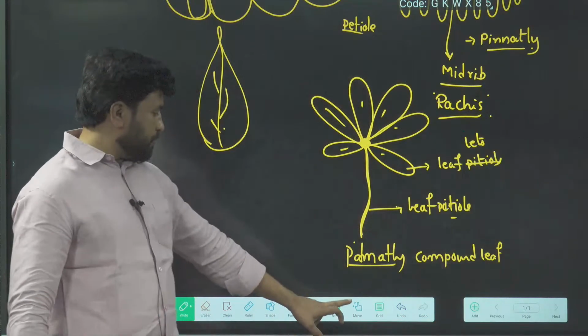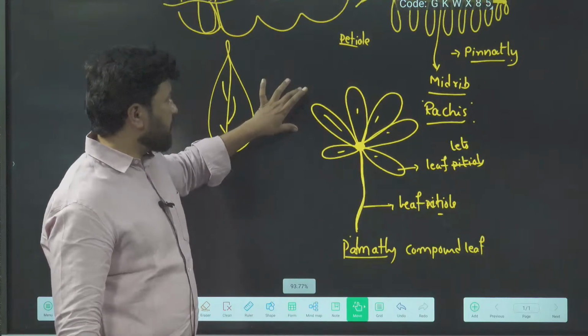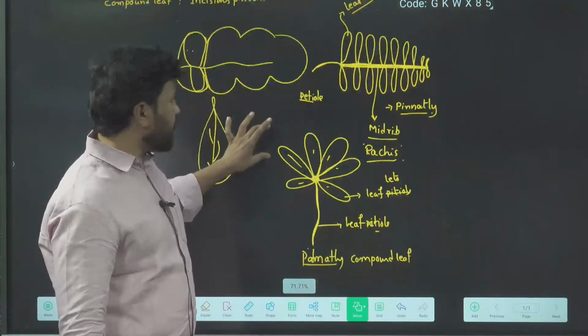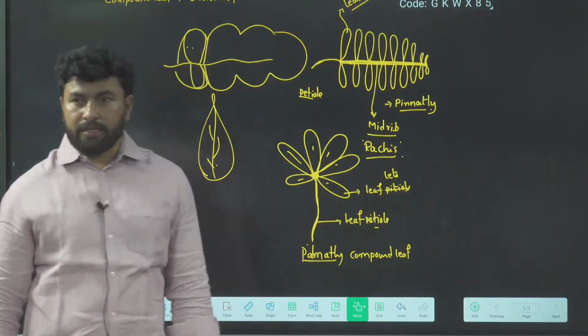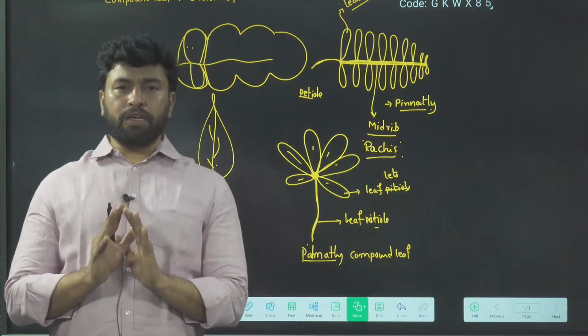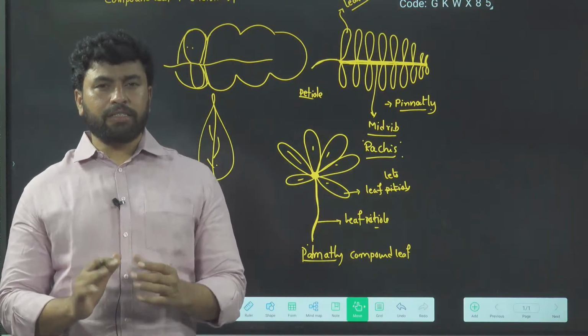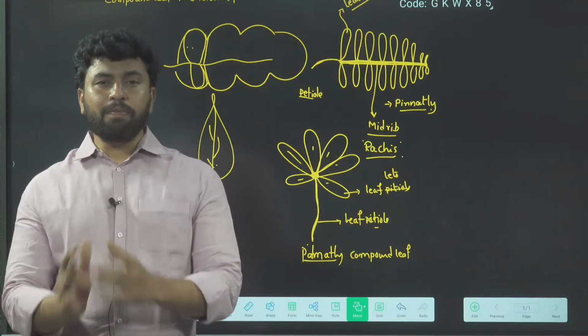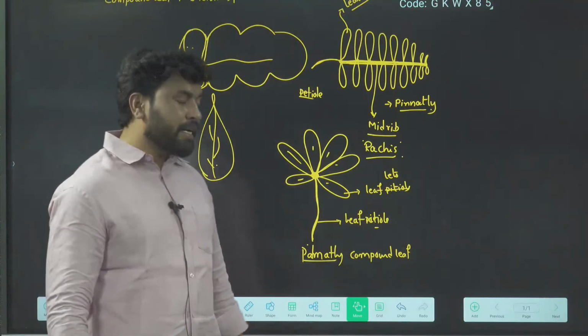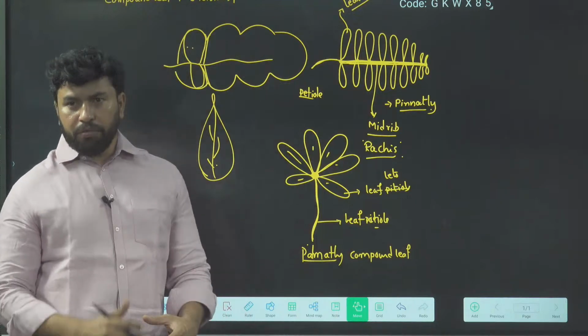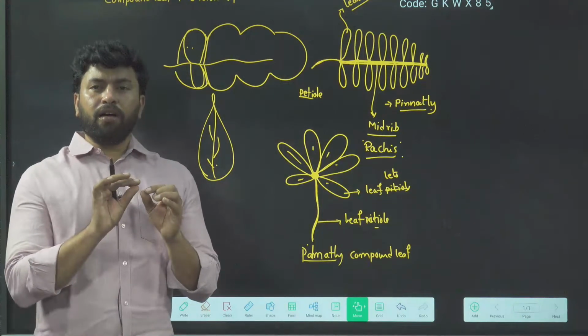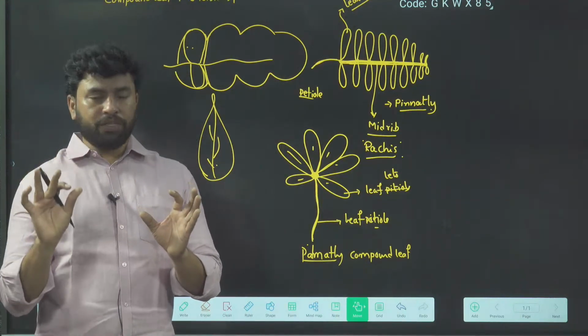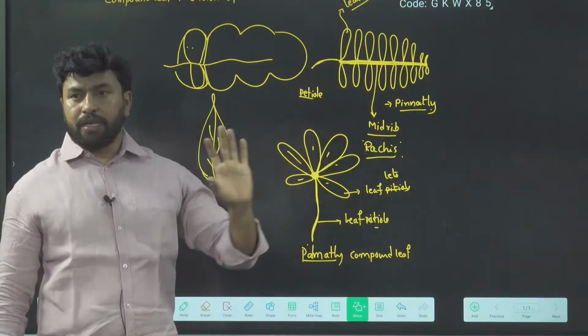Imagine a statement. Somebody says rachis is present in compound leaves. Correct. Rachis is present in compound leaf. But rachis is never present in a palmately compound leaf. What do you mean by rachis? An elongated midrib on which all leaflets must get attached.